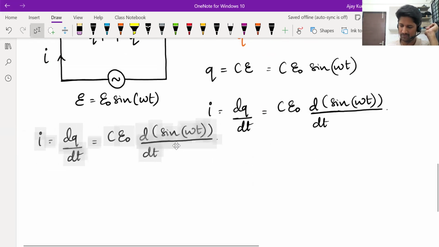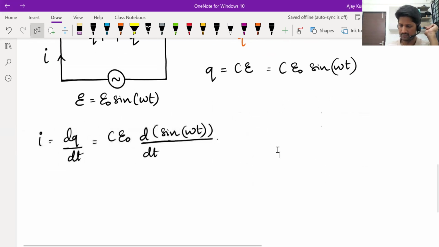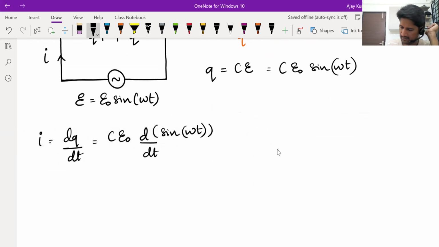What is the derivative of the simple sine function? Cos, sir. For a simple sine function, it will be cos. But what if there is something else inside the sine bracket? Derivative of sine x with respect to x is cos x.